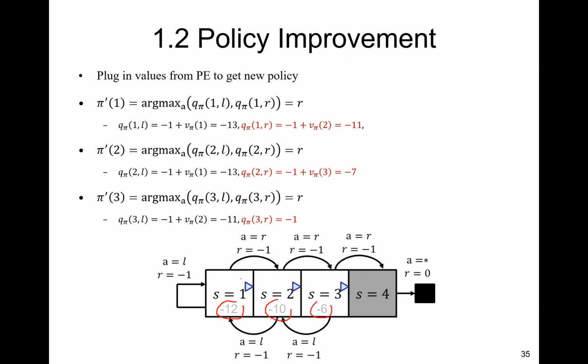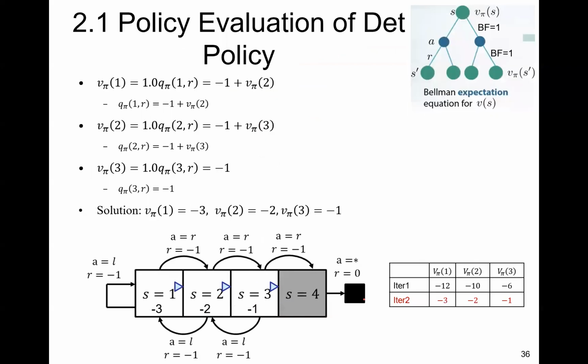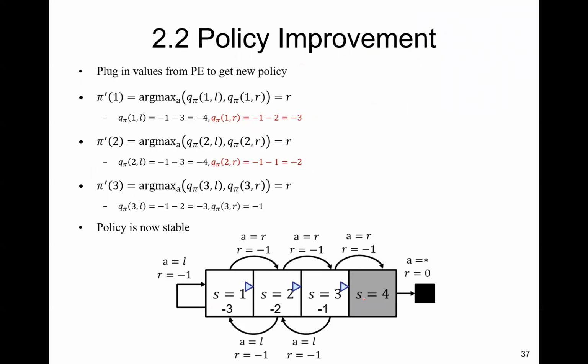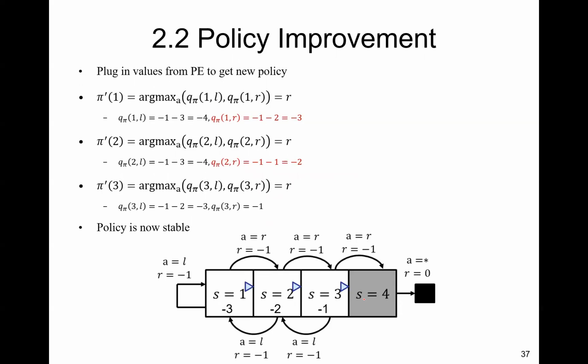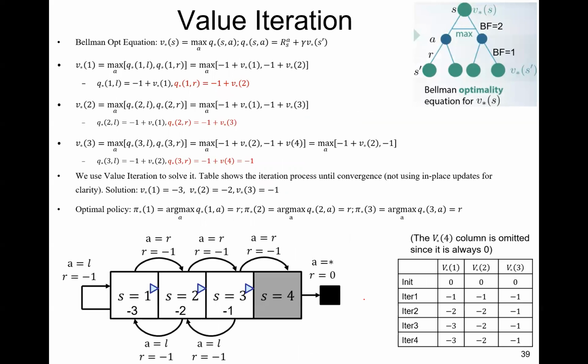Then you update the values with policy evaluation, and then you perform argmax and choose the greedy action again, and then you converge. So that's policy iteration. For value iteration, the only difference is the max. And this is a nonlinear equation, so you solve it by iteration.